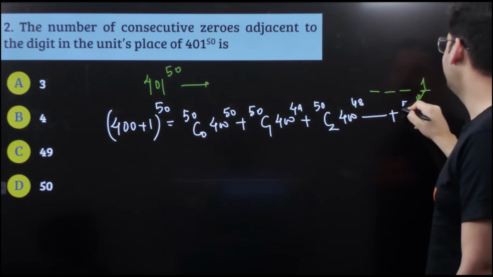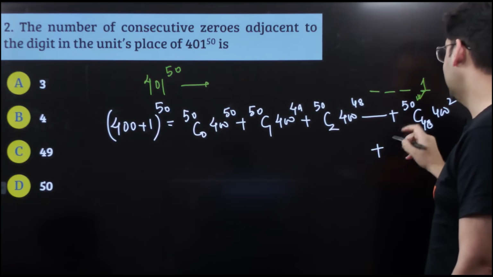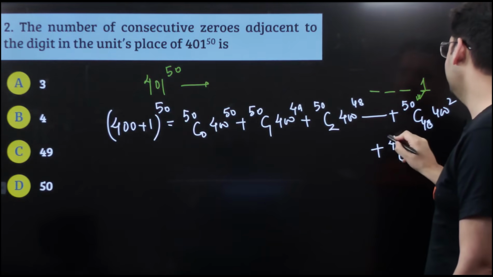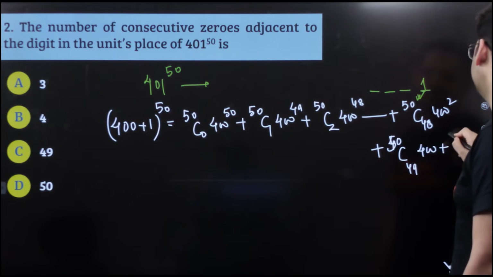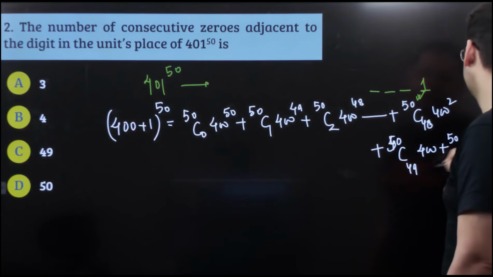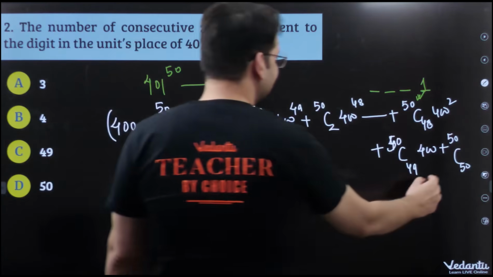The second last term would be 50C48 400 square, the third last term 50C49 400, plus 50C50. This is how it is expanded. Of course, this last term is 1.